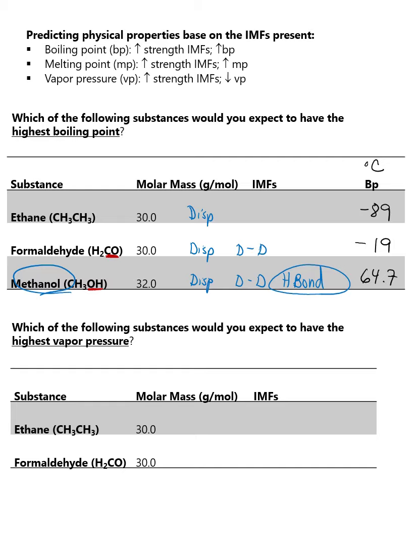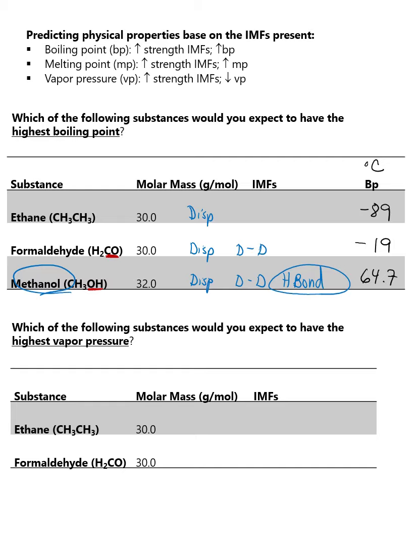Now in the second table, the bottom part of this page, we're looking at vapor pressure. So let's review vapor pressure. The relationship between intermolecular forces and vapor pressure is inversely proportional. The stronger the intermolecular forces, the lower the vapor pressure.